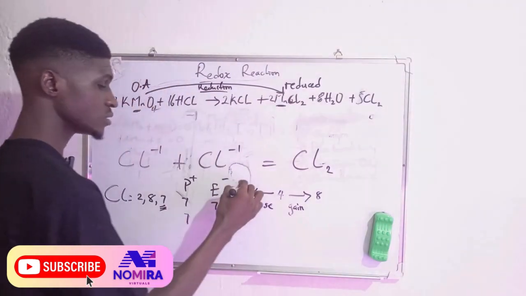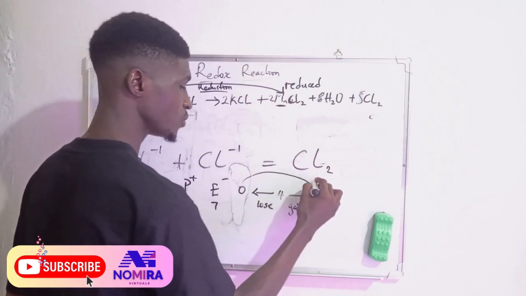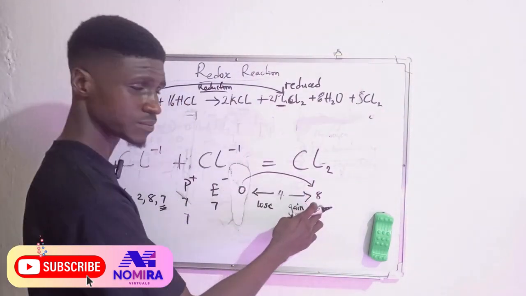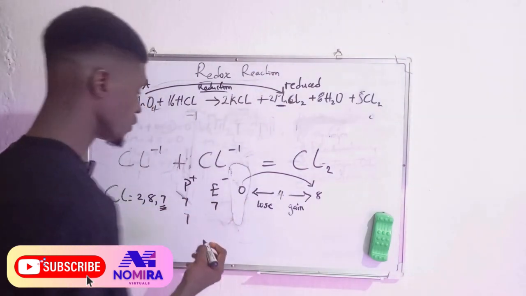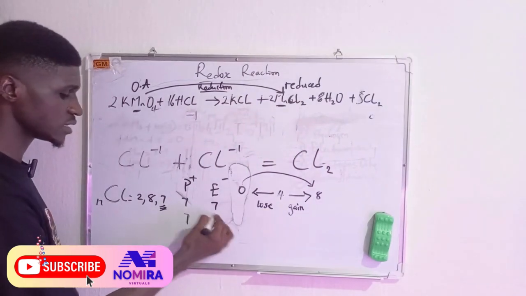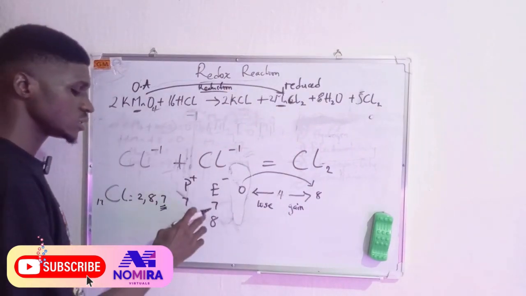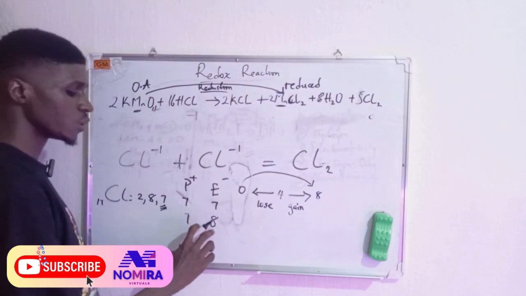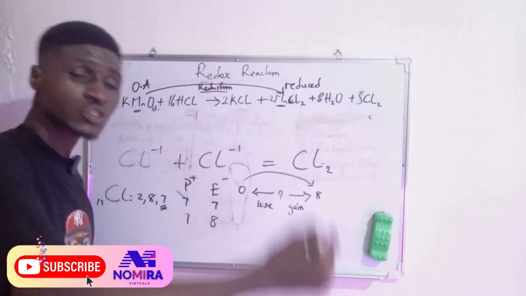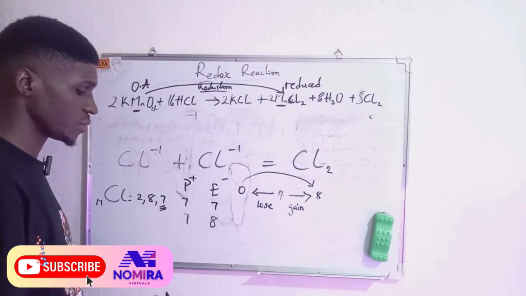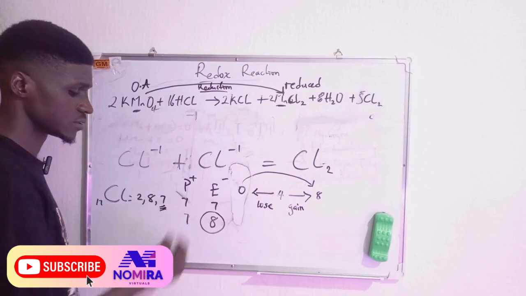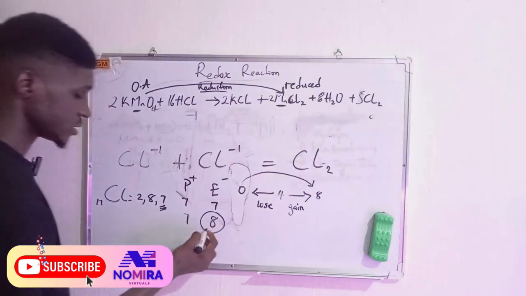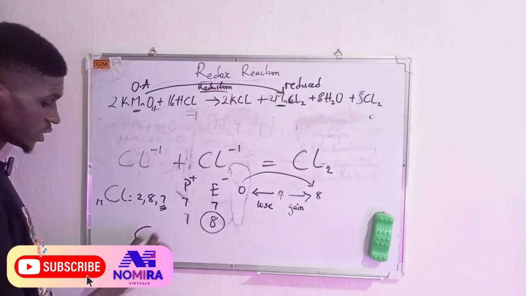Okay, that is why in the periodic table you can see that group 0 is also called group 8 and vice versa. Okay, so we are going to have 8 here because this particular chlorine will have to attract additional electron, so that it will be up to 8. All right, so we have chlorine.